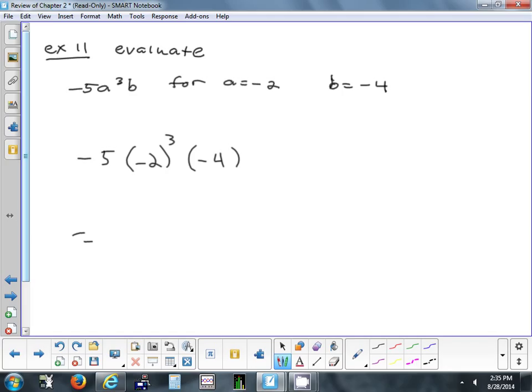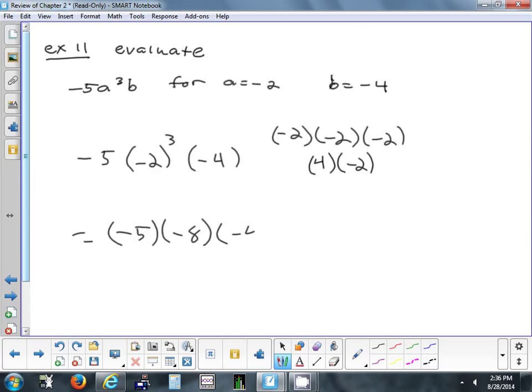So what's negative 2? This is how you think of negative 2 cubed. What's negative 2 times negative 2? Positive 4. And 4 times negative 2? Negative 8. Negative 5 times negative 8 times negative 4.